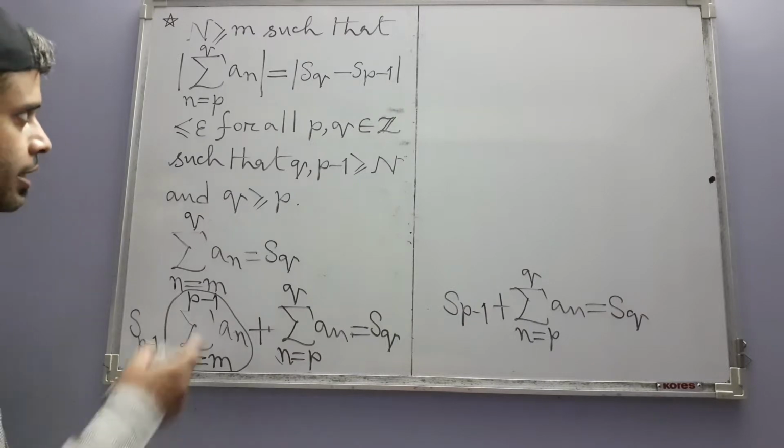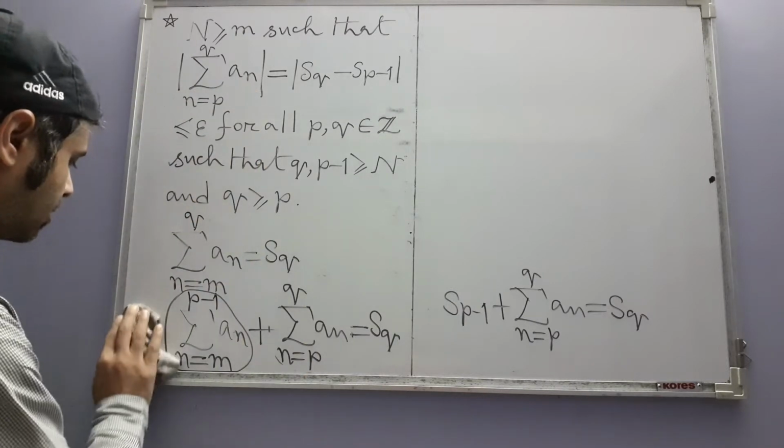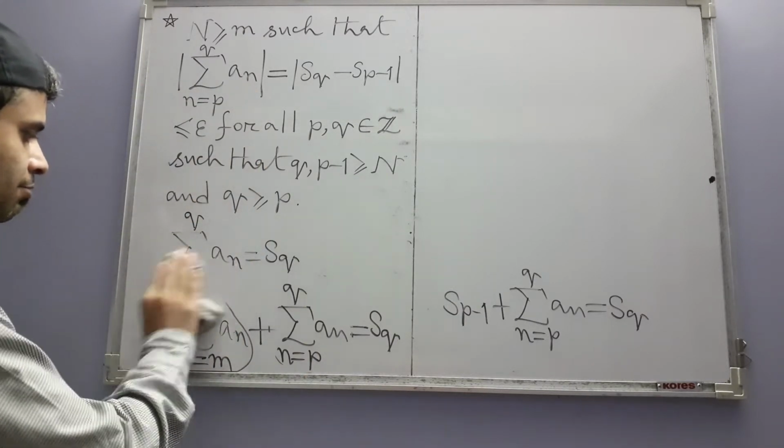So now we know exactly how we are getting all these things from the Cauchyness of the sequence of partial sums.